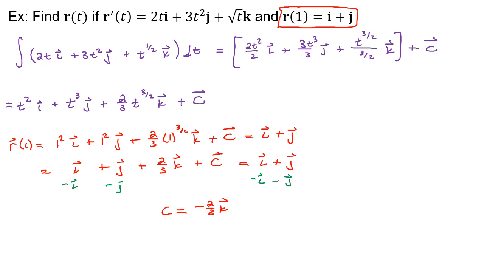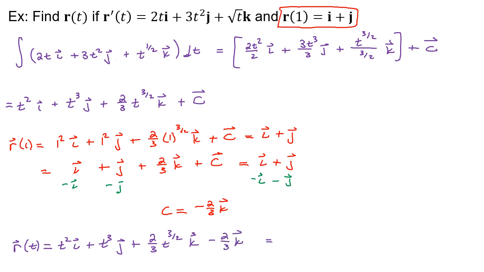And that's my c value. Put that into my integrated part, and so I know r of t is t squared i, t cubed j, 2/3 t to the 3/2 k minus 2/3 k.